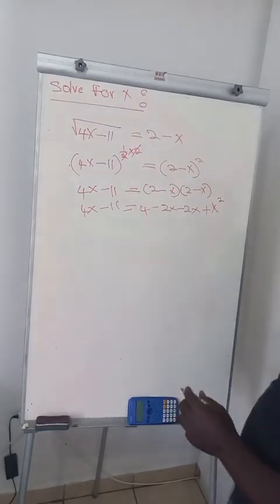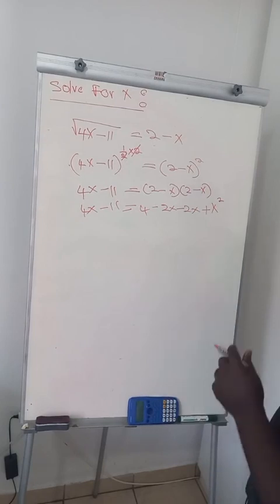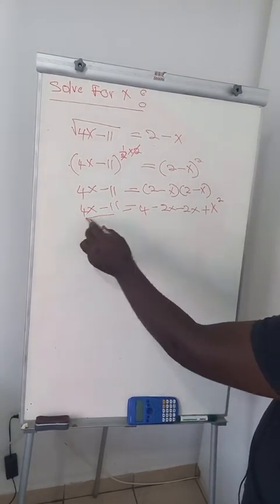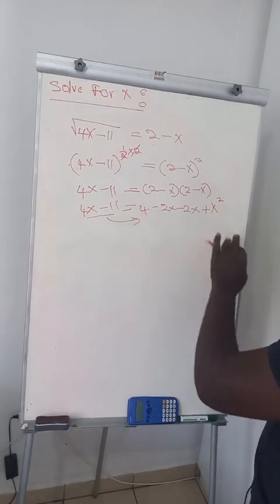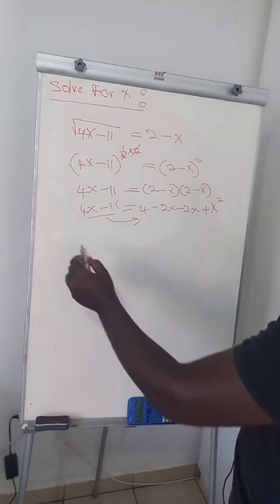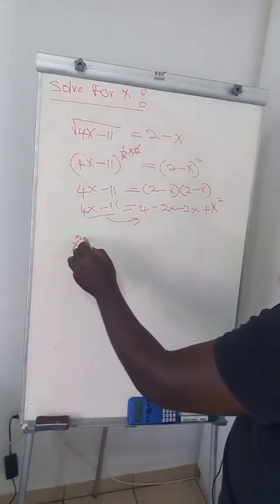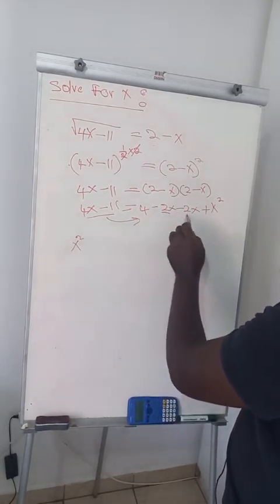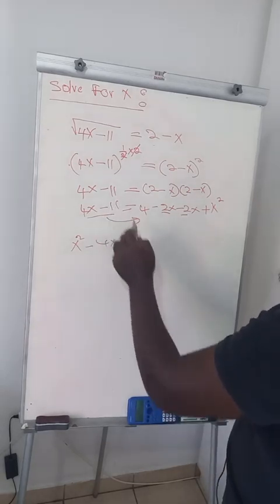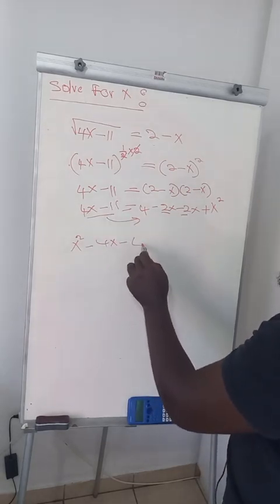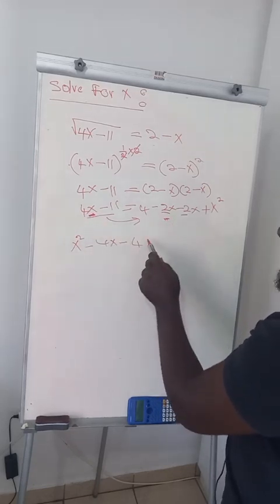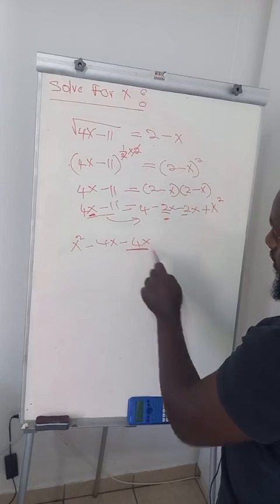Minus 11. So once you have something like this, just try to bring this side so that you can add and subtract the like terms. So you'll have x squared, and then this and this will give you negative 4x. When you bring the x this side, it will be 4x. When you take this 4 and bring it this side, it will be a negative 4, which is this one.